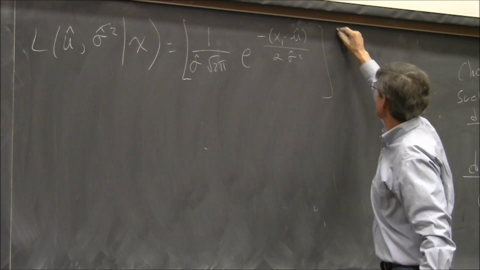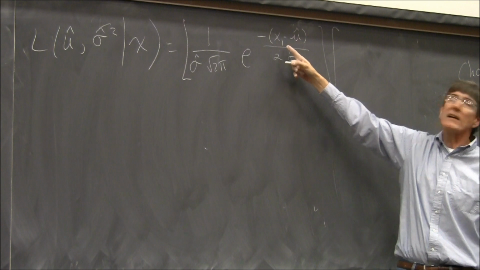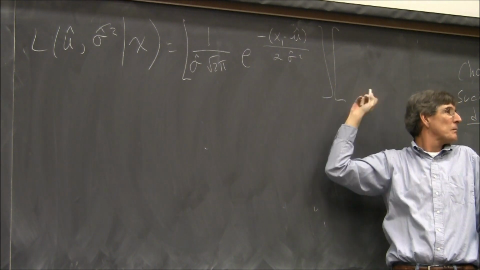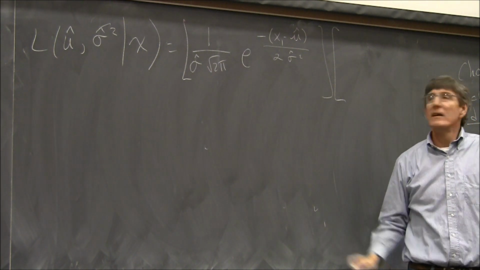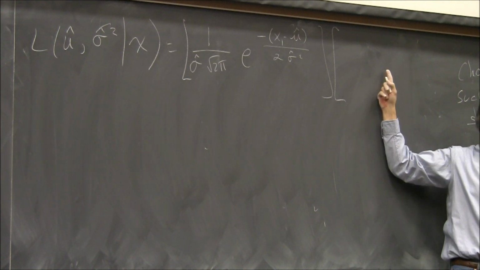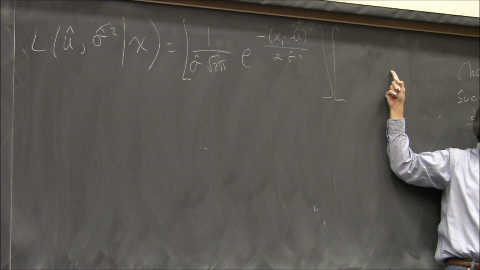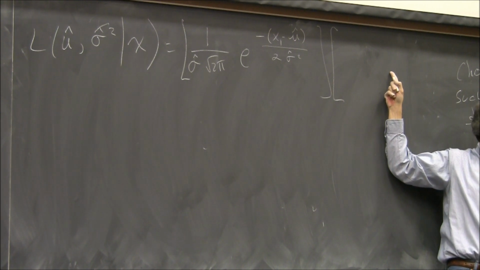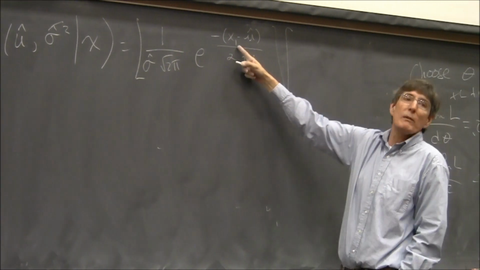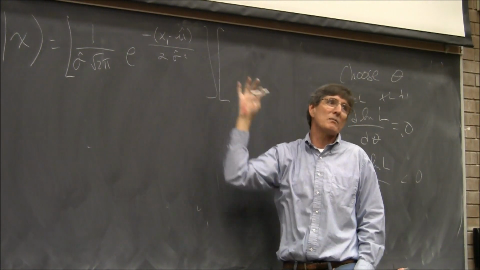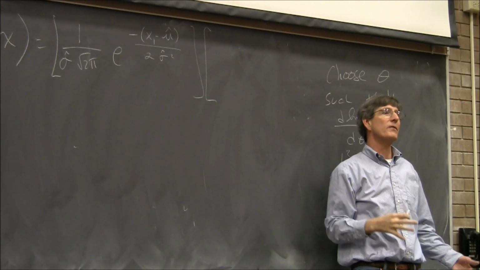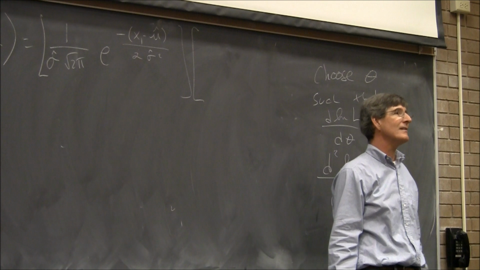That's the probability of x1. Probability of x2 is the same thing. Control C, Control V, replace 1 with 2. That's what I wish I could do. I have to write the whole thing again. So it's the same thing. I'll replace 1 with 2, because it's the probability of the second observation rather than the first. They come from the identical distribution.